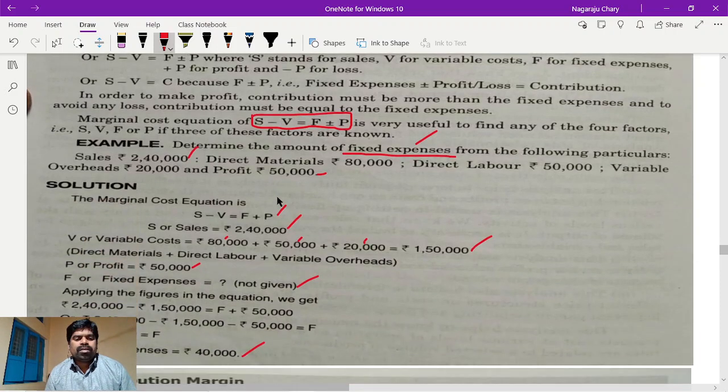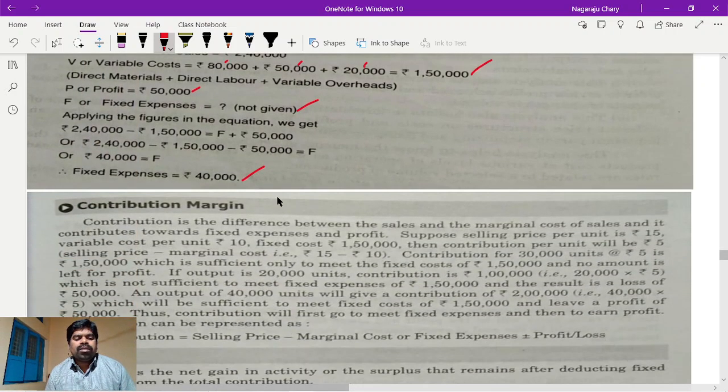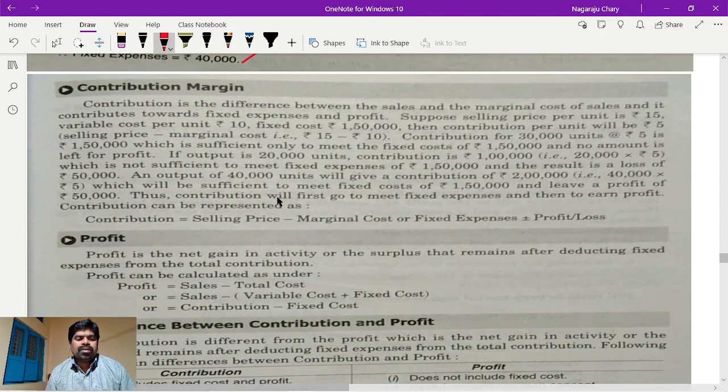From this equation, most of the elements have to be derived, so please concentrate on it. Most students may get confused in the marginal cost equation, so don't get confused. In normal parlance, the total cost is taken into consideration while determining the price of the product. To that, the profit is added, and then ultimately we get the selling price.